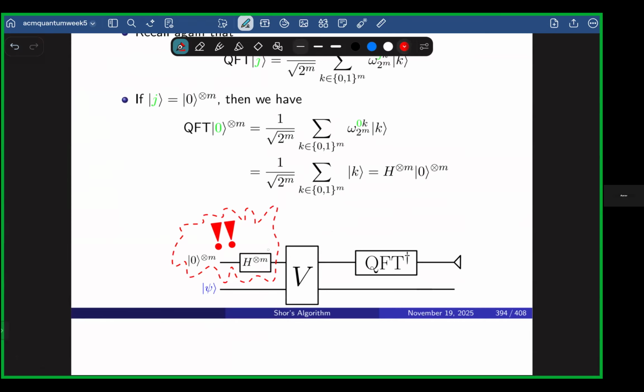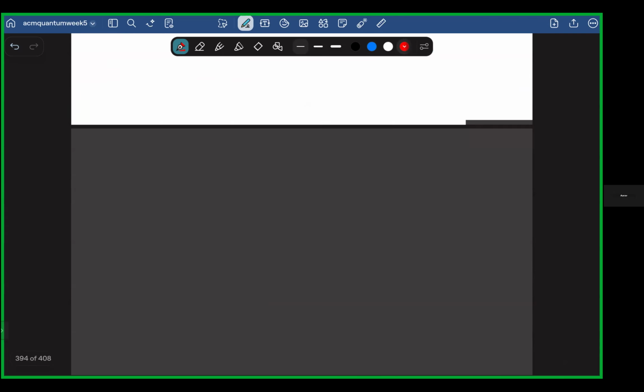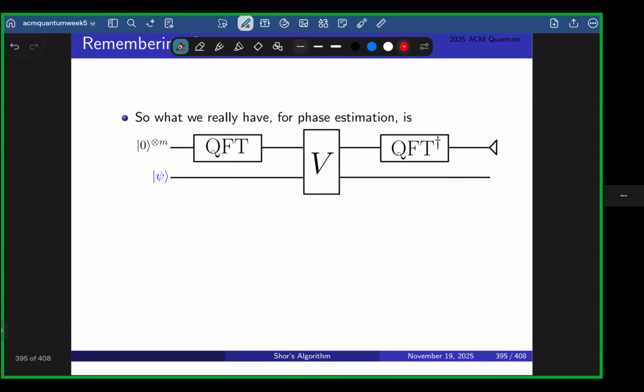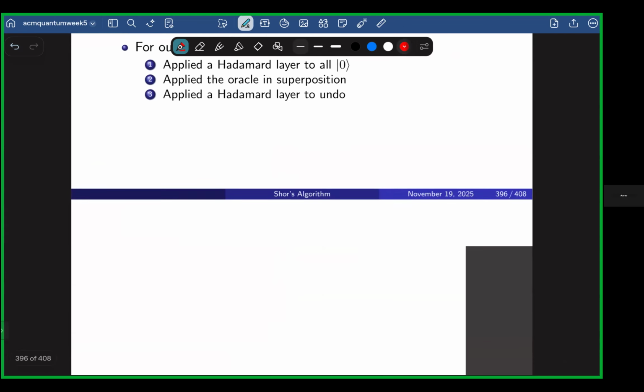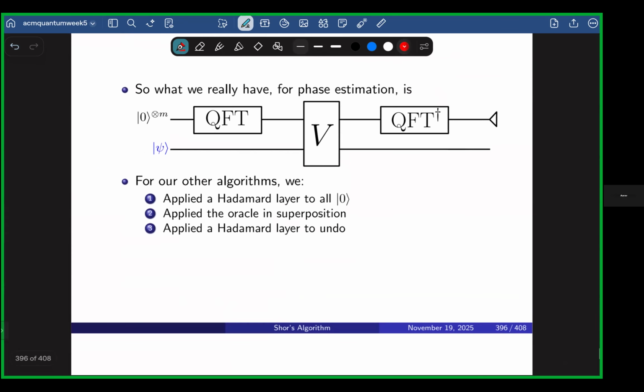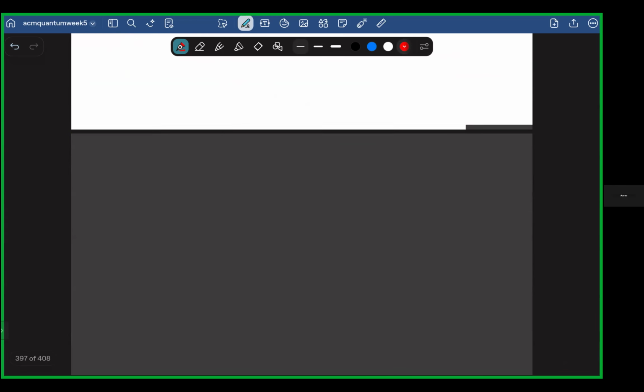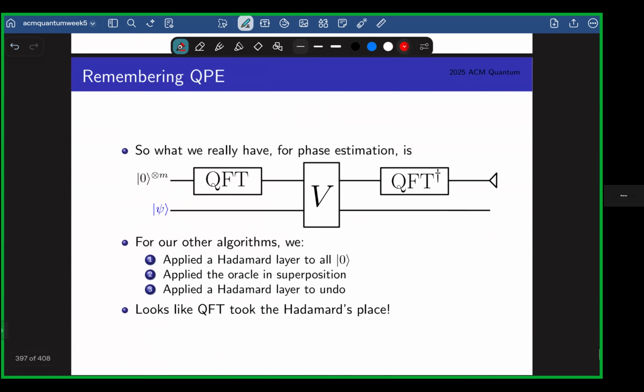So we can replace that with Q of T's. If you contrast this to the other algorithms we've done, we apply a Hadamard on 0, we apply the oracle superposition, then we apply Hadamard to undo, and Q of T has just taken the Hadamard's place. Does that make sense? Sorry, I rushed through that.